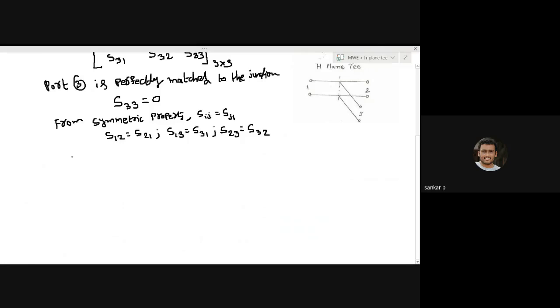Another important condition is due to the plane of symmetry, that is, due to the H plane or the side arm.